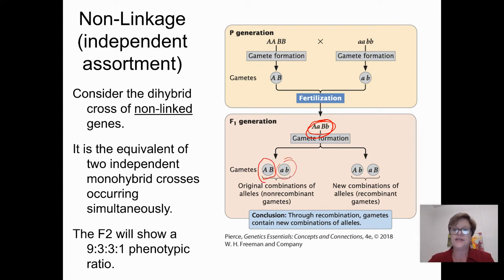If we're using gene A and gene B, then the dihybrid would produce the big A, big B gametes, the little a, little b gametes, and then big A, little b, and the little a, big B gametes. And then the other parent would also produce the same. And all 4 gamete types would be equally likely.